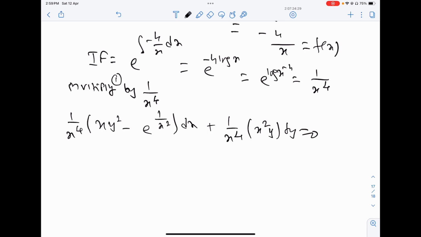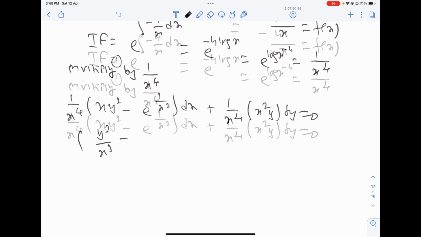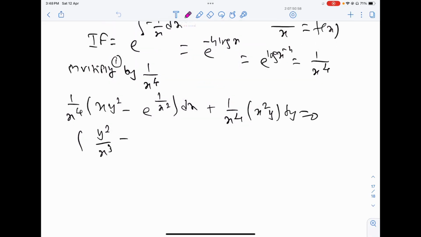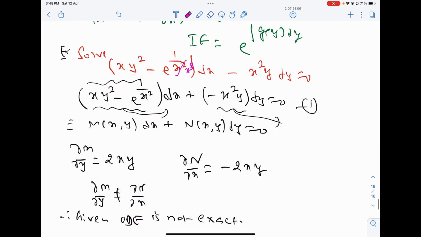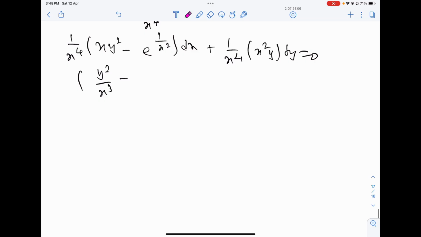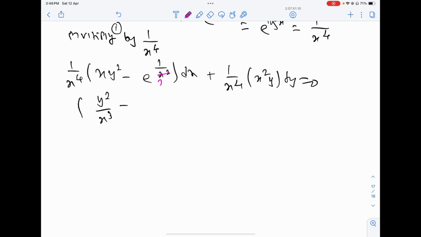Okay, this is not e power 1 upon x square, but it is e power 1 upon x cube.